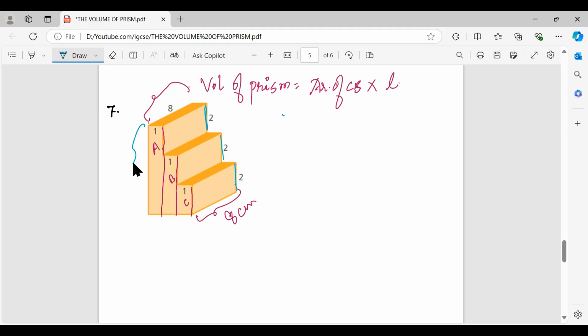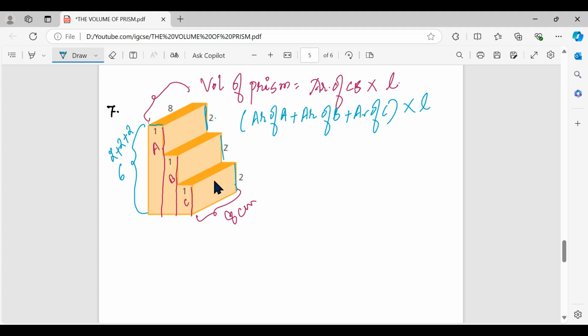So this length comprises 2 plus 2 plus 2, that is 6. And this width will be 1. Okay, so area of cross section is nothing but area of A plus area of B plus area of C.